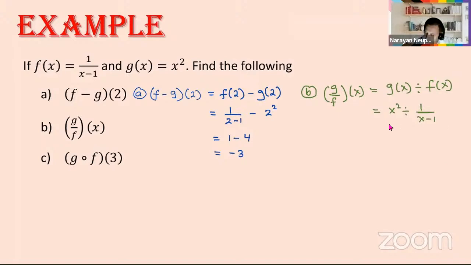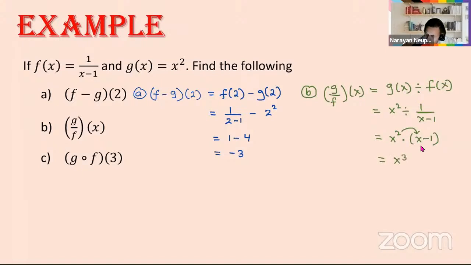Now, we know that if we are dividing a fraction like this, we do this: x squared, we change the division to multiplication and we take the reciprocal of the second. The reciprocal of 1 over x minus 1 is simply x minus 1. Now this can be simplified by distributing. x squared multiplied by x is x cubed.